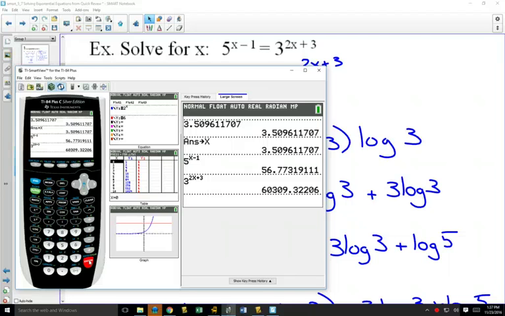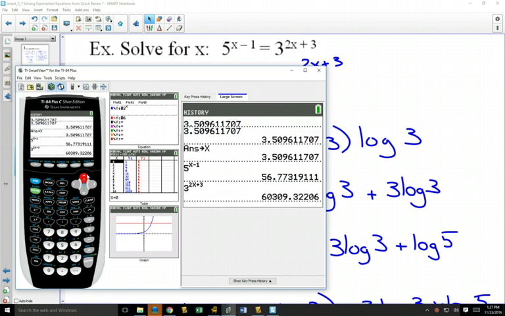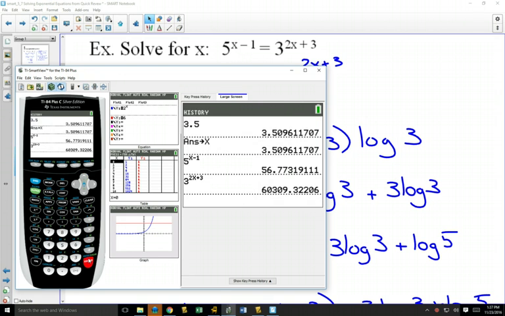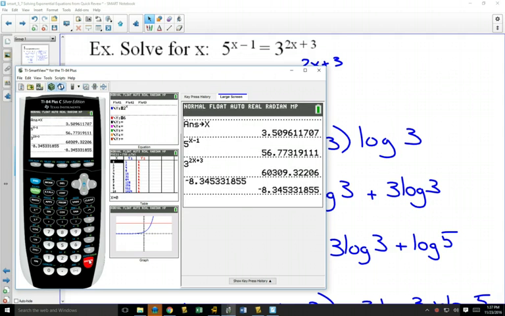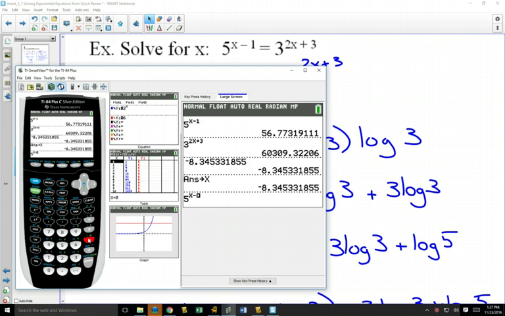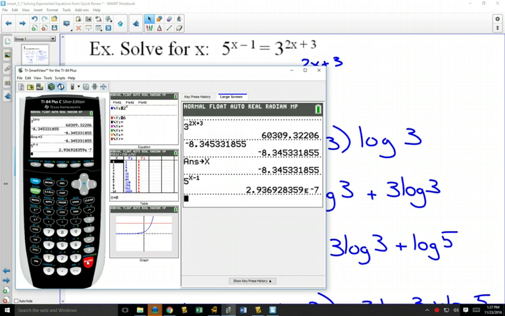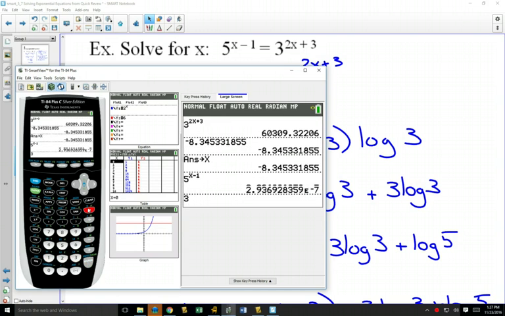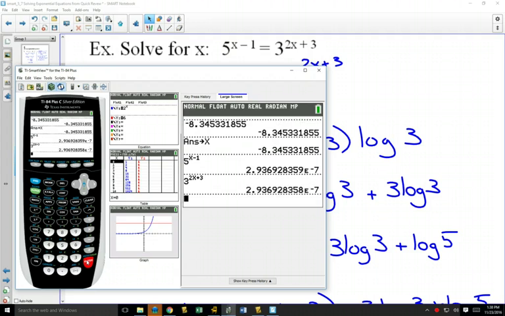But when we try our second answer, there's our second answer. I'm going to store that one as x. And now when I try 5 to the power x minus 1, and I try 3 to the power 2x plus 3, we do get exactly the same number.